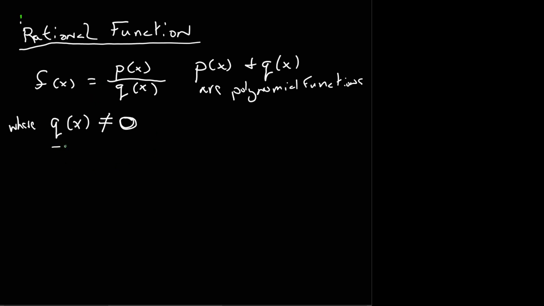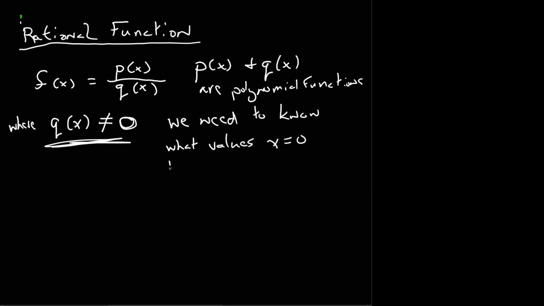This bit here means we need to know what values x equals 0 at, because we have to exclude them from our domain.